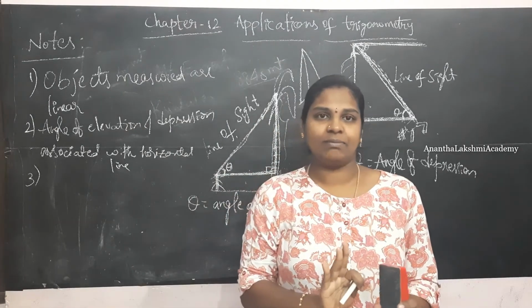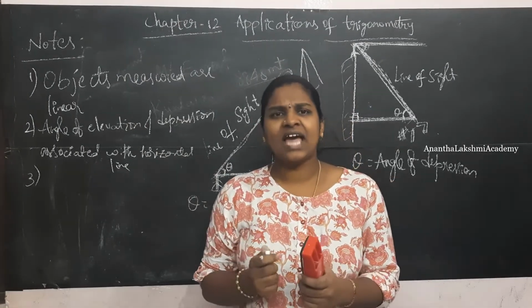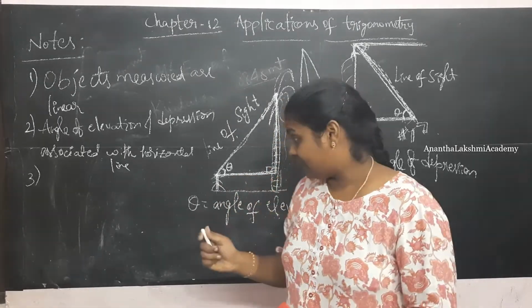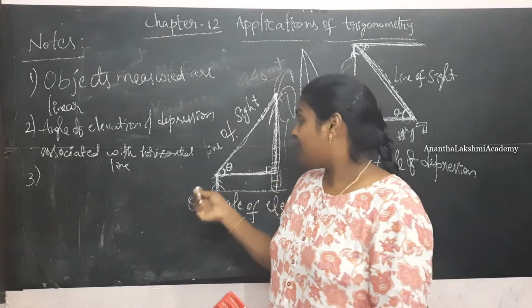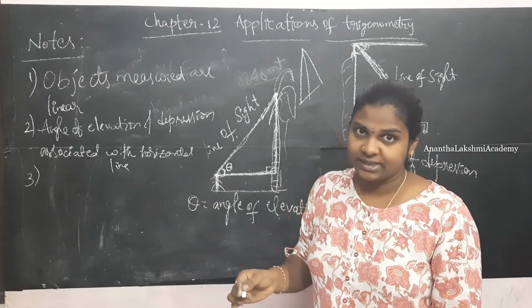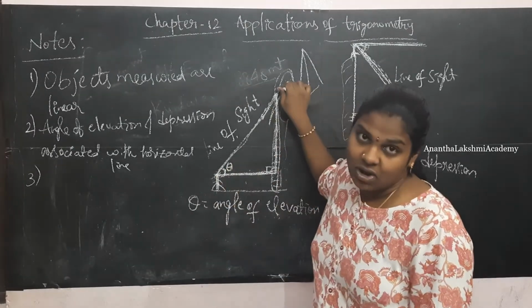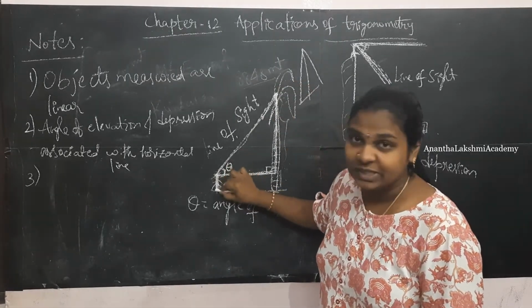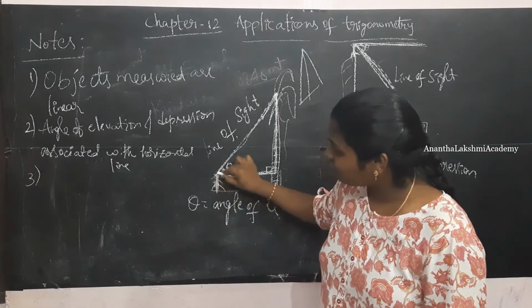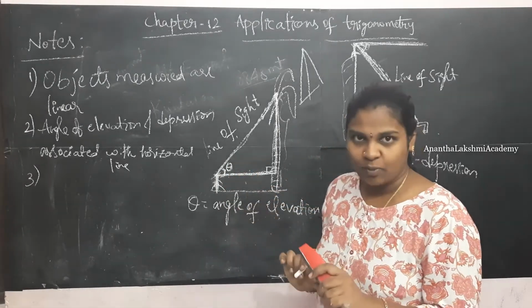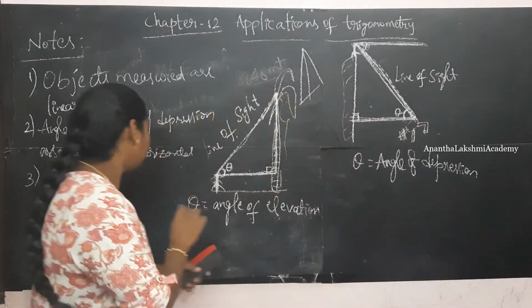Person X is given, but person X's height is not mentioned. So we are going to neglect his height. But in the same problem, if they say that person X of height 2 meters is looking at a tree of height 50 meters, then this has come into the picture. We need to make sure we are drawing the height of the person also when it is mentioned in the problem.